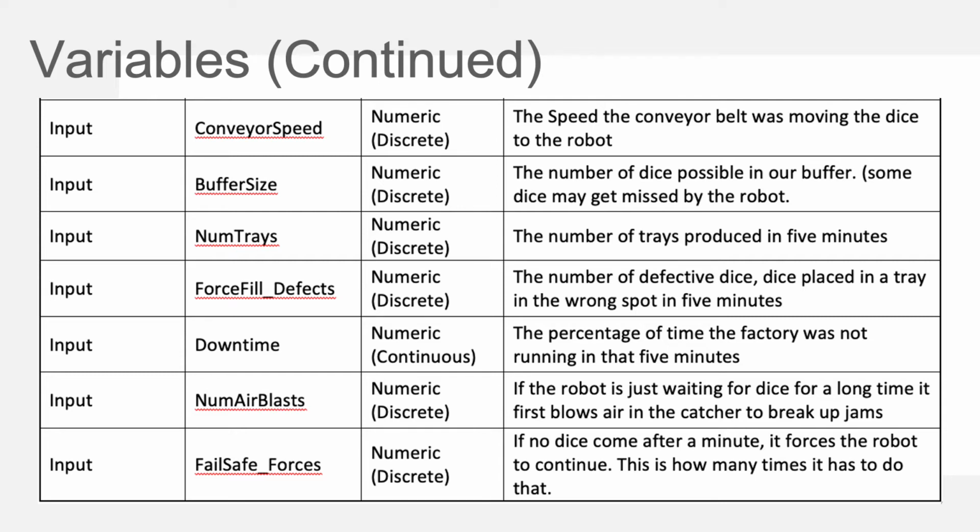Force fill defects is when the robot will fill a tray with a wrong number of dice out of necessity. Downtime is the percent of time that the robot is stopped. Number of air blasts: sometimes the dice are jammed in the system and it will blast them with air to break them up, and so that's how many times it occurs. Failsafe forces is when the robot is waiting for too long, it will just do a force fill.